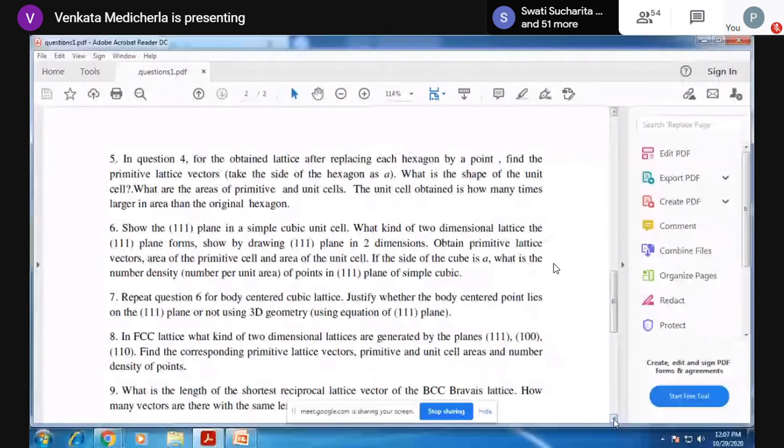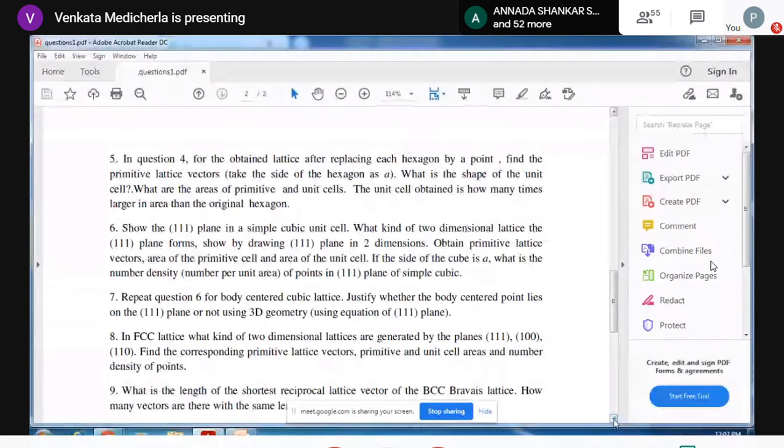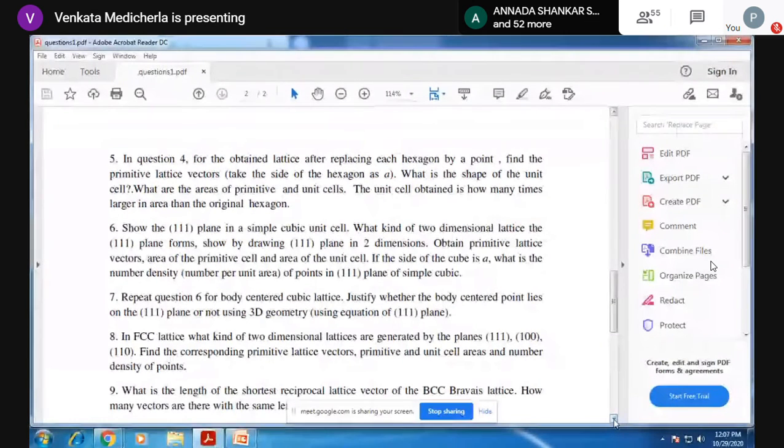Somebody sings very well, somebody likes music, somebody likes magic. Somebody likes physics, somebody likes literature. It's not that everybody likes physics. People have come into physics somehow, sometimes by force, or there is no other option. So when you conduct a test in the college or university, you give the same test for all.